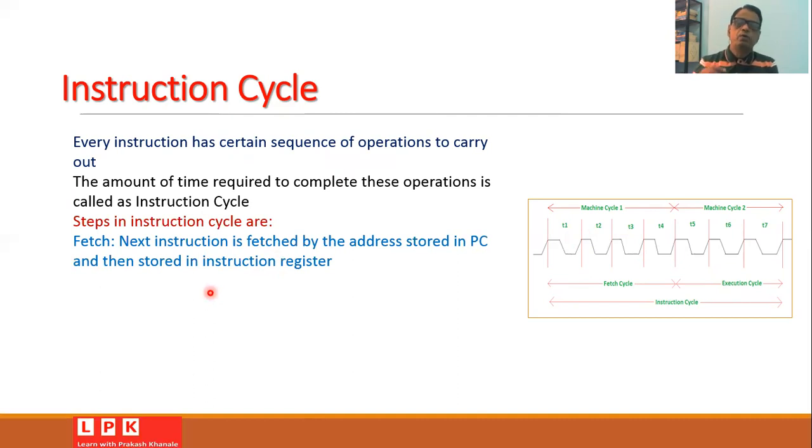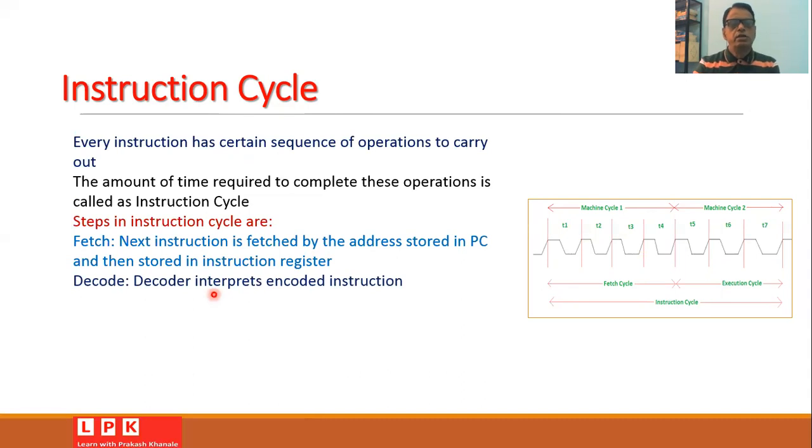Whenever we want to execute an instruction, it needs to be fetched from the memory address, and this address is stored in the program counter of 8085, and then the instruction is stored into the instruction register.